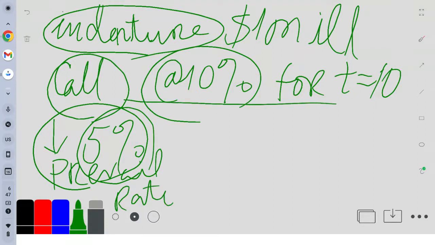But this 10% is locked. Think about it. When you get a loan, don't you think this rate is locked? The rate is locked. Of course, there is an adjustable rate mortgage or floating rate, which makes it more difficult.